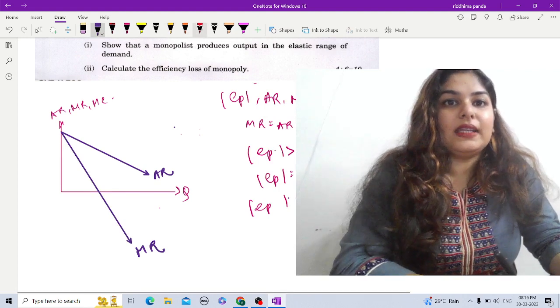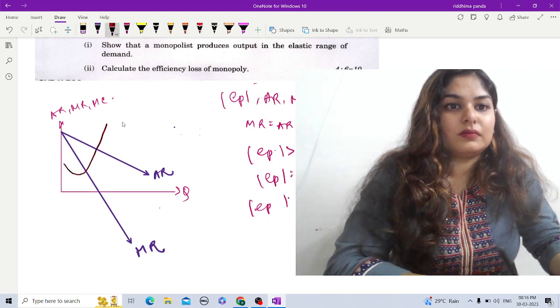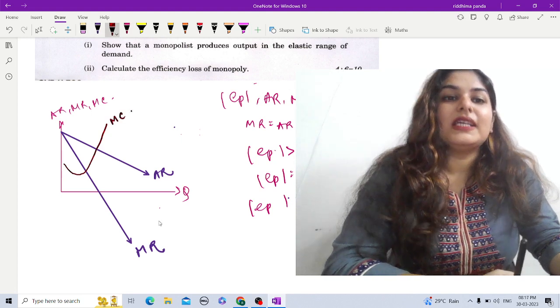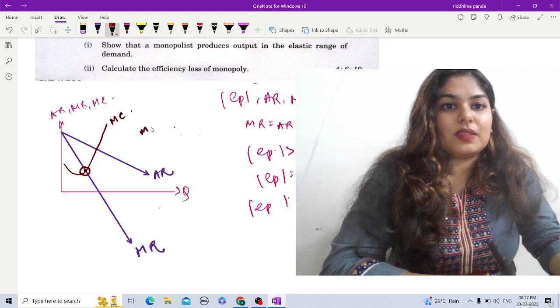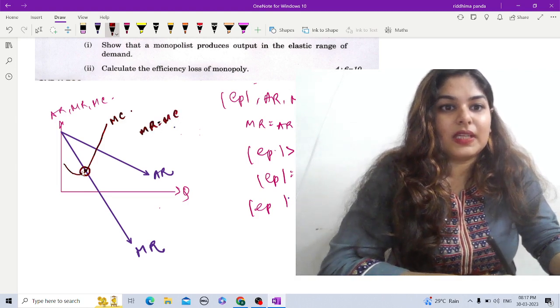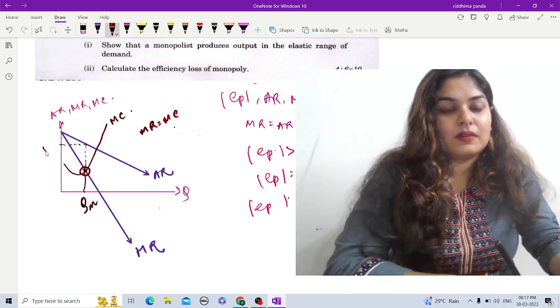Okay, and let's draw our MC curve. Now equilibrium is in the position where MR is equal to MC. That is here. And the price is determined here.